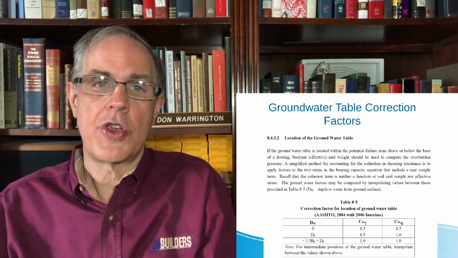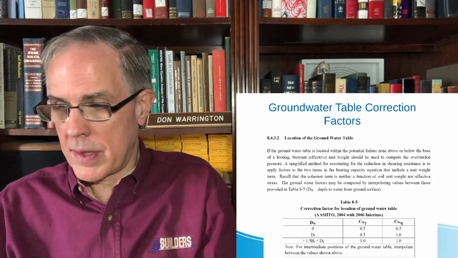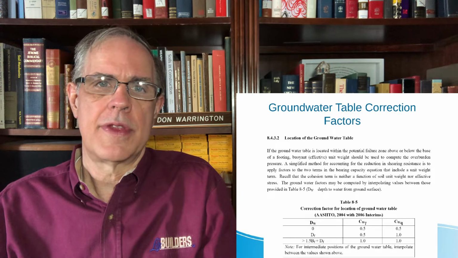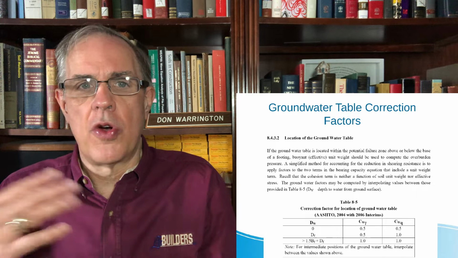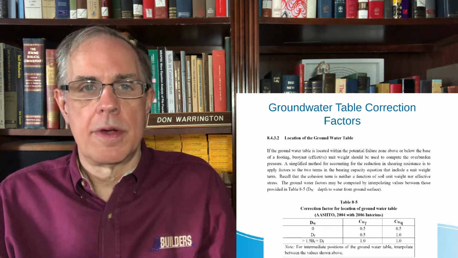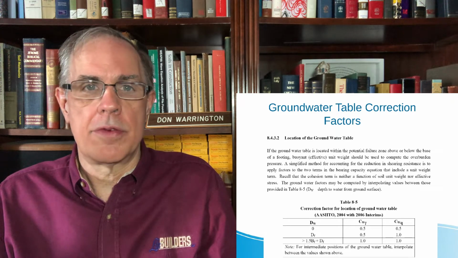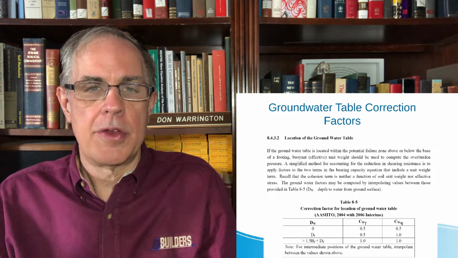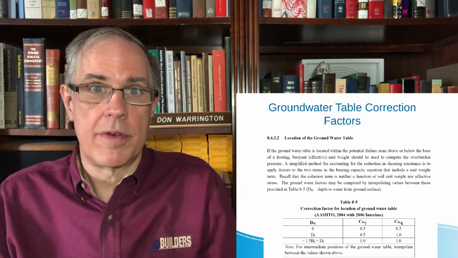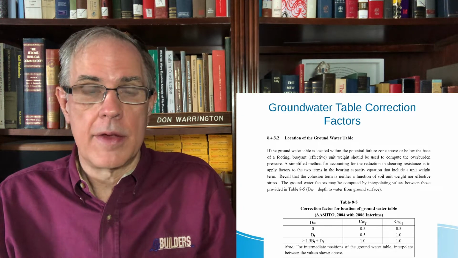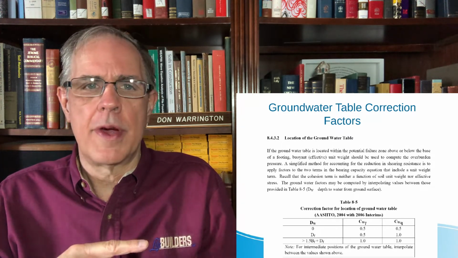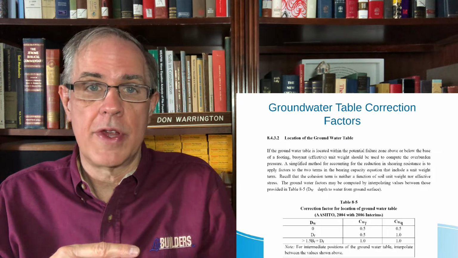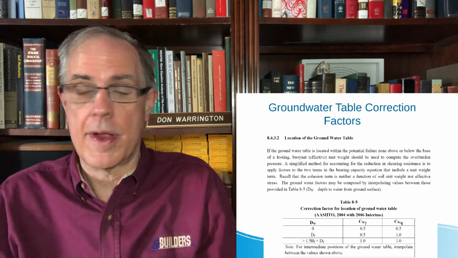The CWQ only affects it if the groundwater table is above the base of the foundation. It basically reduces the overburden that you have because it reduces the effective stress the overburden causes. And this is probably the simplest way. There are other ways to do this, and of course you get into layered soils, that's a whole different ballgame.